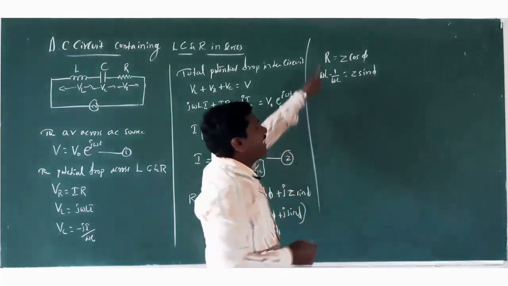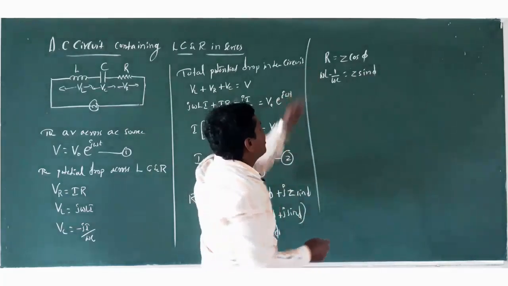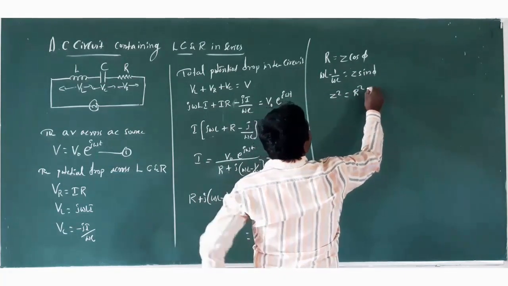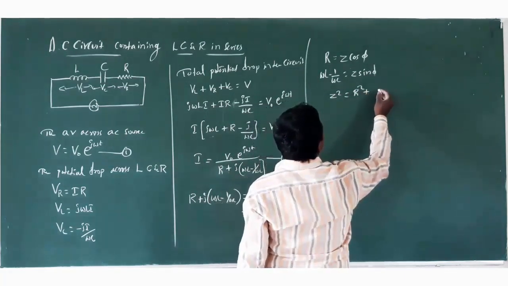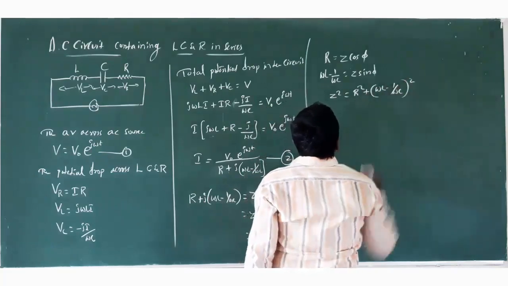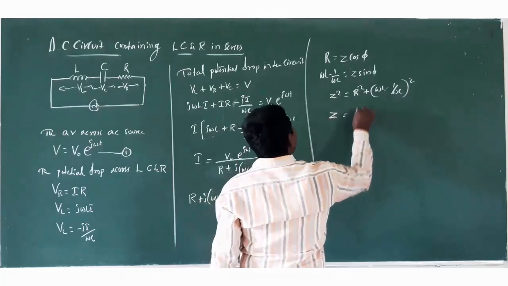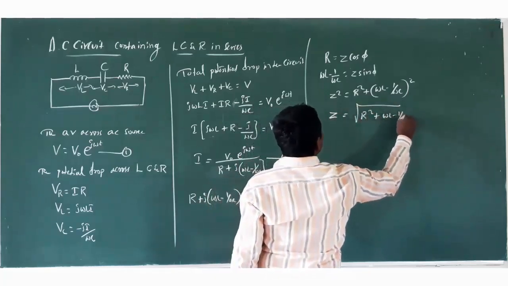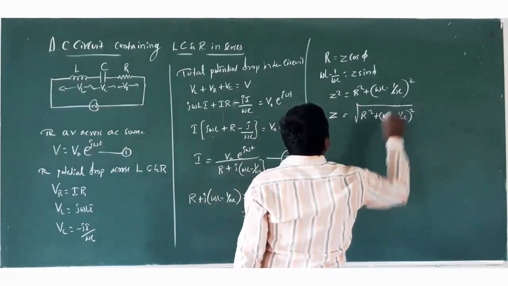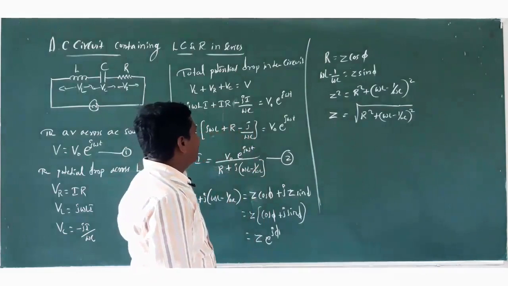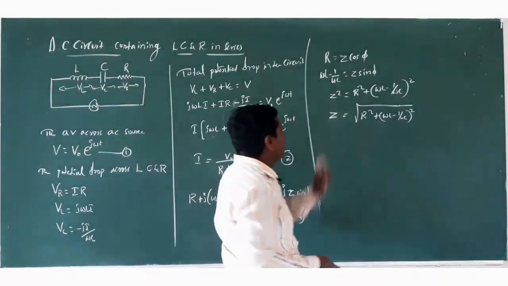So if we square and add these two equations, we are going to get z square is equal to R square plus omega L minus 1 divided by omega c whole square. Therefore z can be written as the square root of R square plus omega L minus 1 divided by omega c whole square. Z represents the impedance in that circuit.